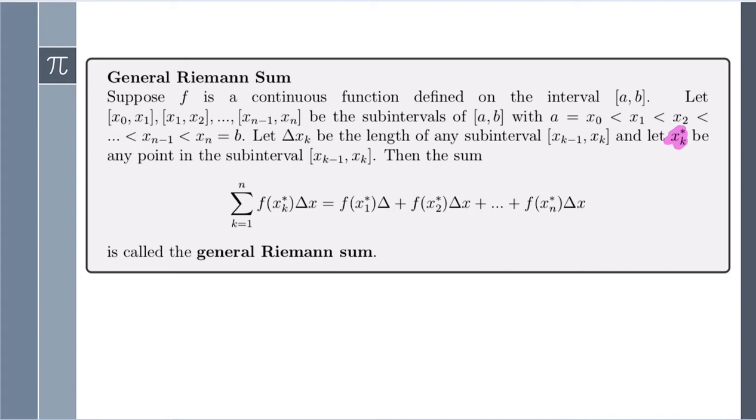Okay, so it's the same thing. Instead of saying left, right, or midpoint, we are picking any point. It could be left, right, midpoint, or any other point on the interval. So that's the difference here. And again, when we talk about the general Riemann sum, it doesn't have to be the uniform length of the rectangle. The width of the rectangle could be different. Okay, so that's the general Riemann sum. It's very similar to what we did in the previous video.